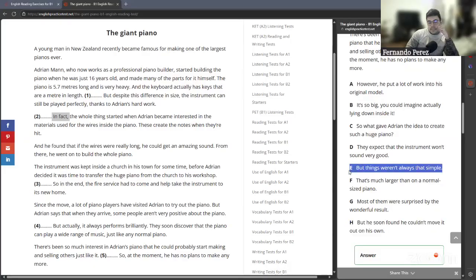Letter E talks about the complexity of the piano, but we are not talking about the complexity of the piano. I would say it's letter A.